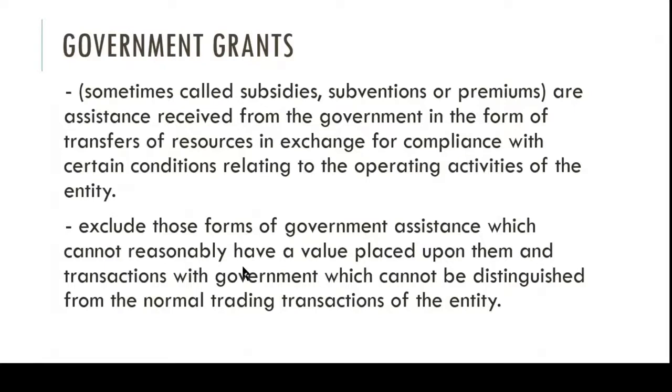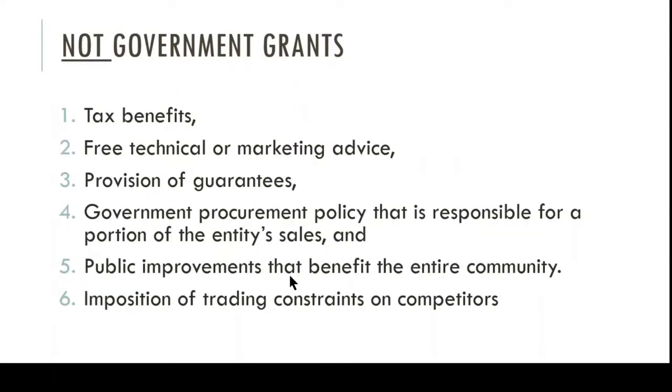It excludes those forms of government assistance which cannot reasonably have a value placed upon them, and transactions with government which cannot be distinguished from the normal trading transactions of the entity. Okay, so only those which meet the asset recognition criteria are recognized as part of the government grants.